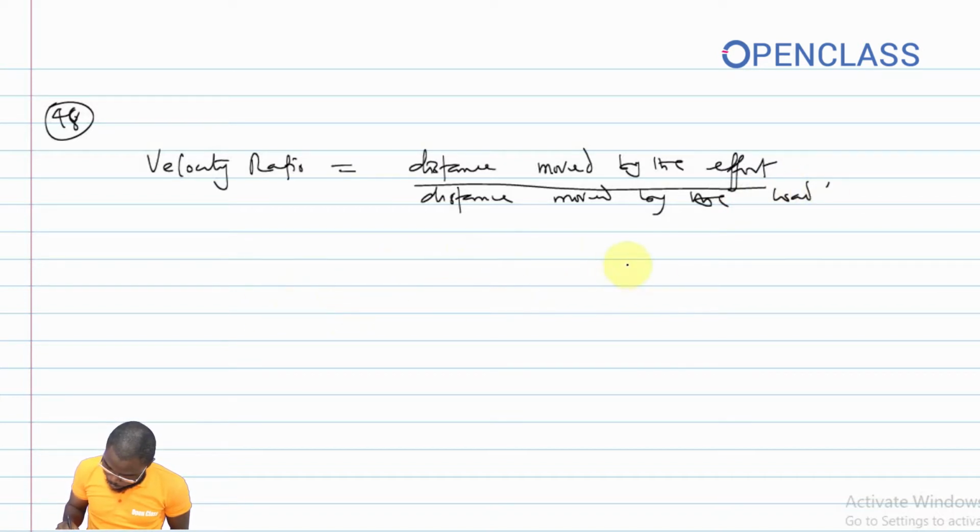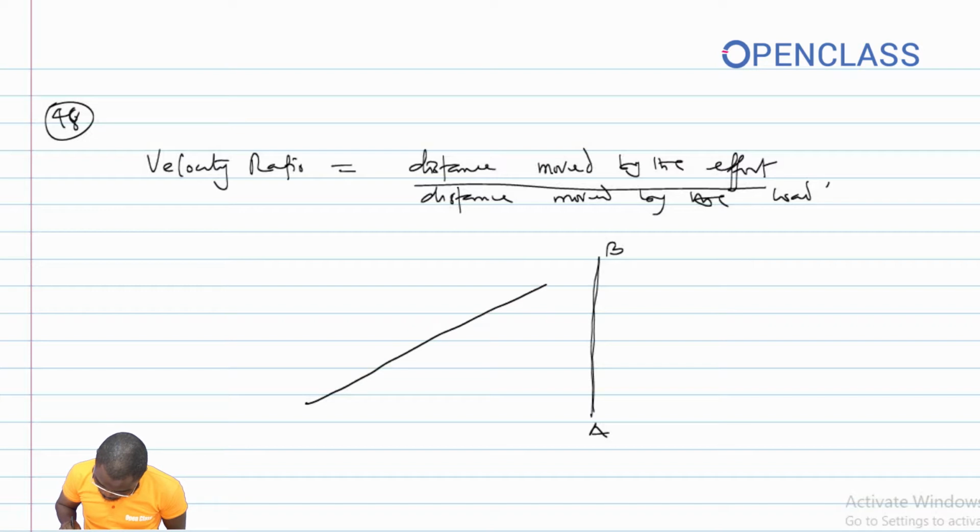Let's say you are carrying a load to a point, let's say point A to B. This is actually the height. Then you're moving the load along an inclined plane.